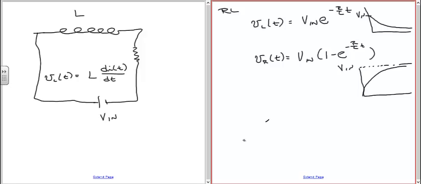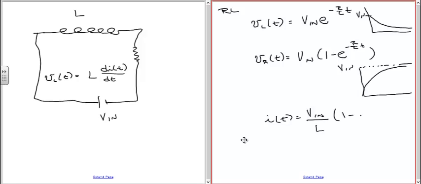And then the current, which is the same for each element, because the current can't go anywhere, it has to go through each part. The current as a function of time is equal to the voltage divided by the inductance times, which one of these is it?